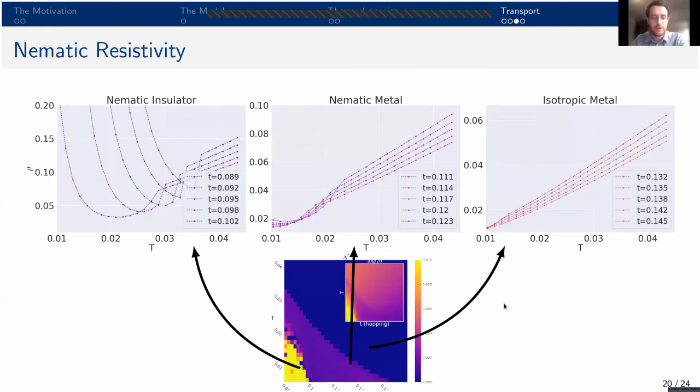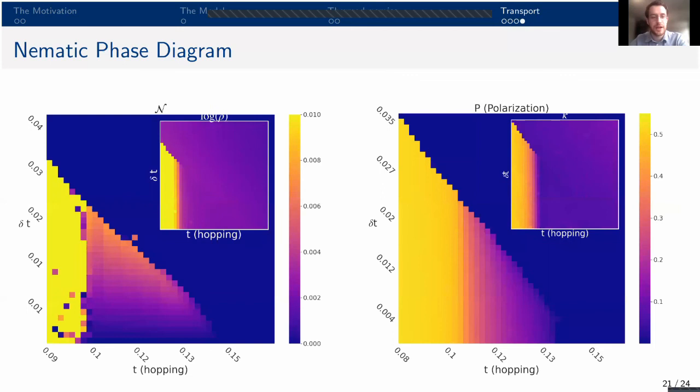So again, we're able to extract these properties through transport. And so lastly, in conclusion, I have a nematic phase diagram here.